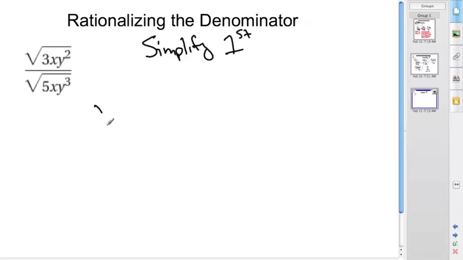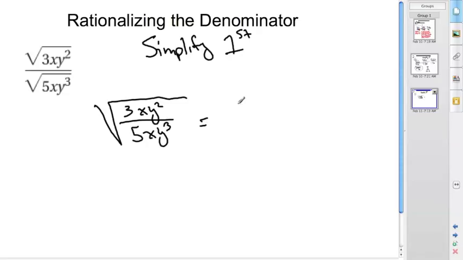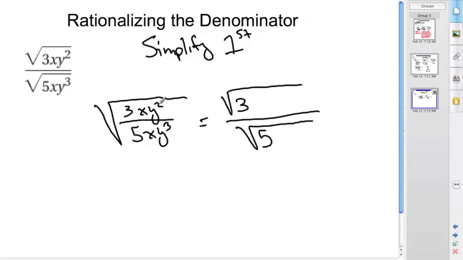So I'm going to write it as the square root of 3xy squared over 5xy to the third, which is going to be the square root of 3 all over the square root of 5. 1 minus 1 is 0. Anything to the 0 power is 1. 2 minus 3 is negative 1, so I have a y in the denominator.